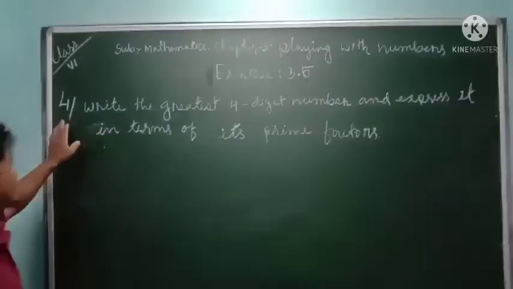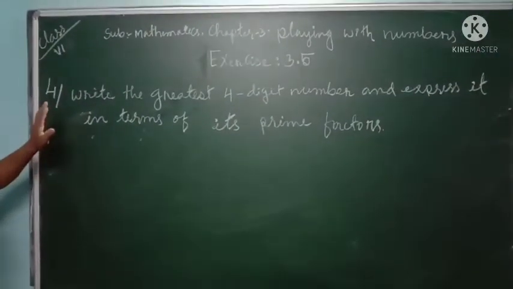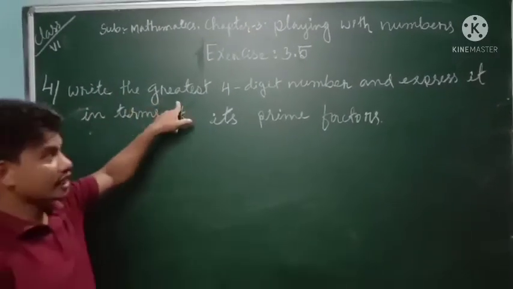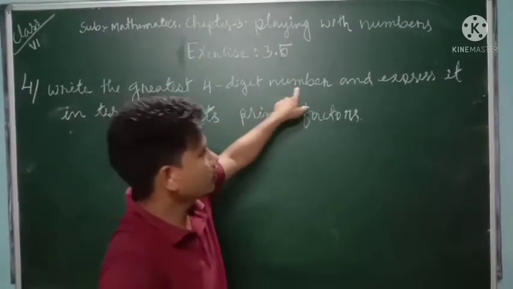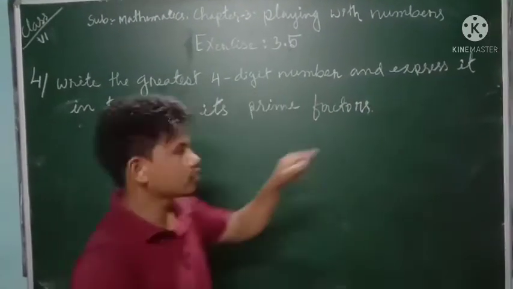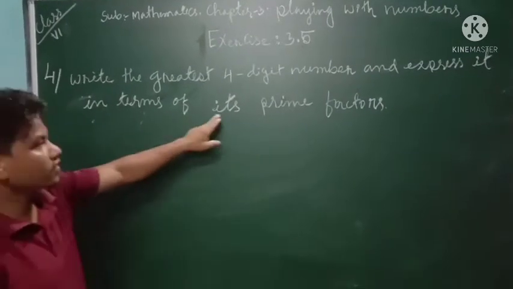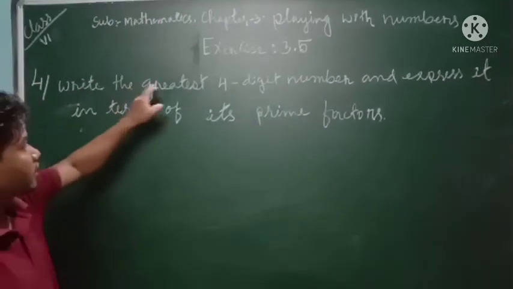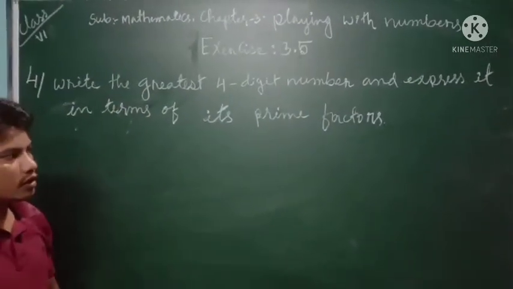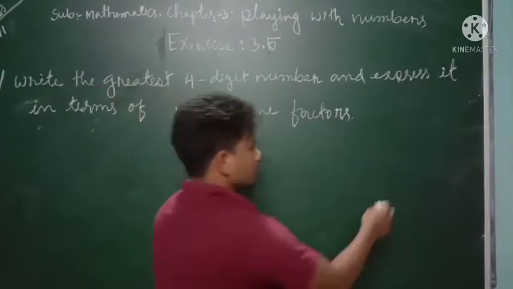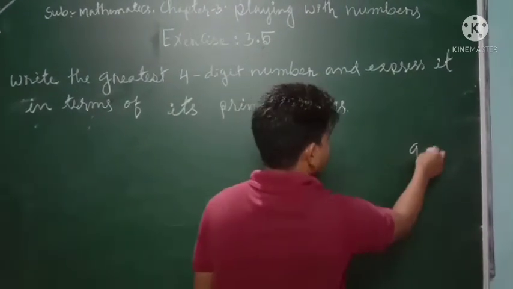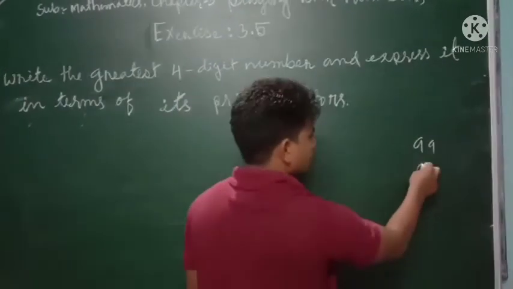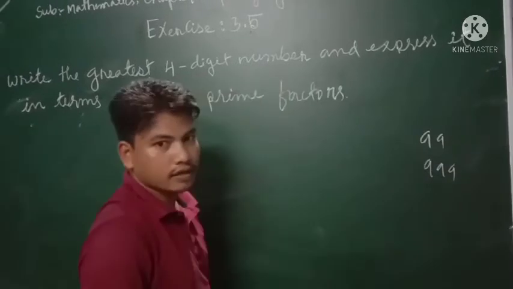So students, this is question number 4. The question is: write the greatest 4-digit number and express it in terms of its prime factors. That means, write the greatest 4-digit number. The greatest 2-digit number is 99. The greatest 3-digit number is 999.